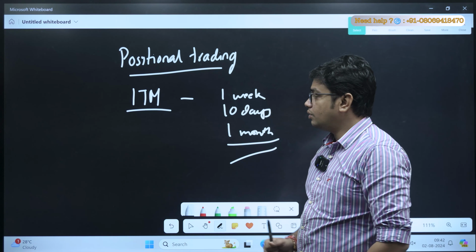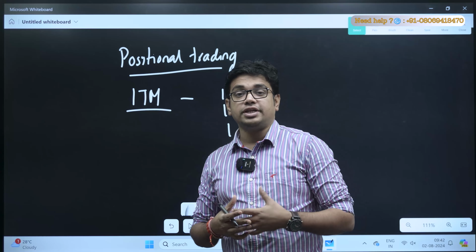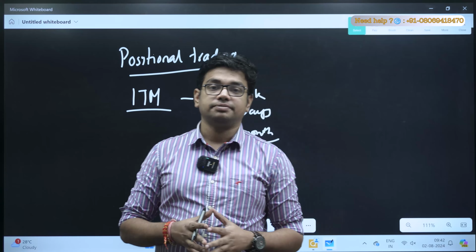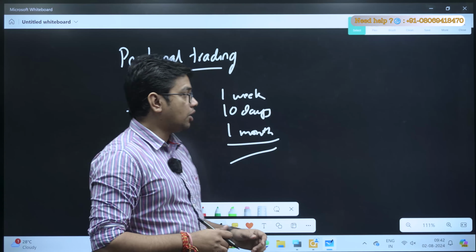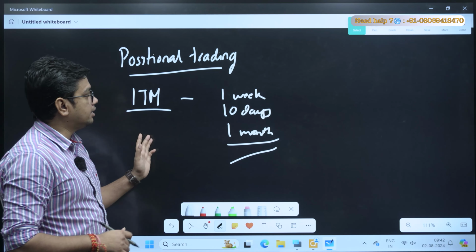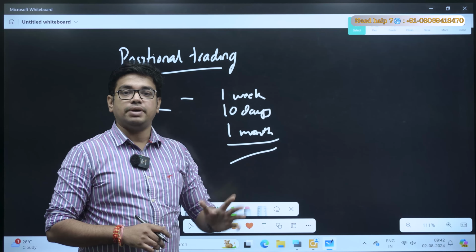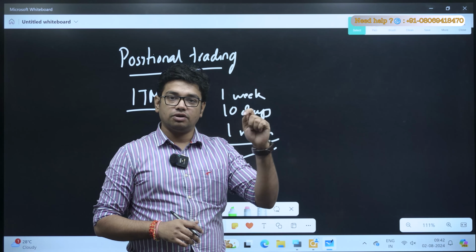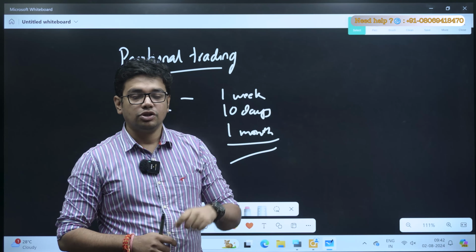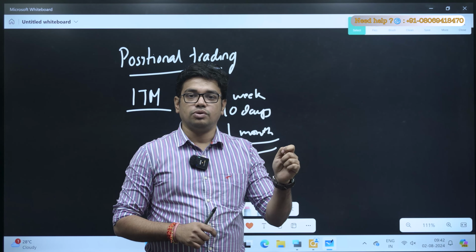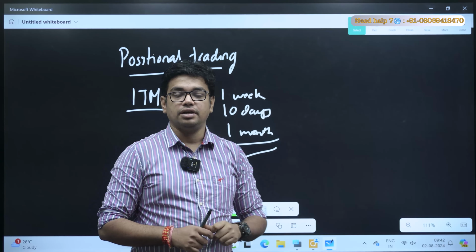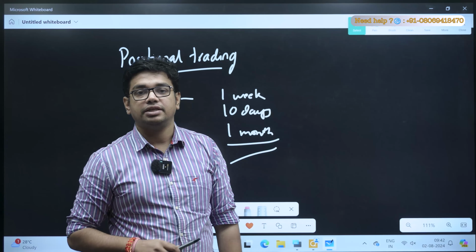Now, should I go for Nifty, Bank Nifty? Absolutely not, because taking the ITM positional trade in stock options will be much better, because stock options have monthly expiry. So time decay will be slower compared to Nifty and Bank Nifty, which have weekly expiry.